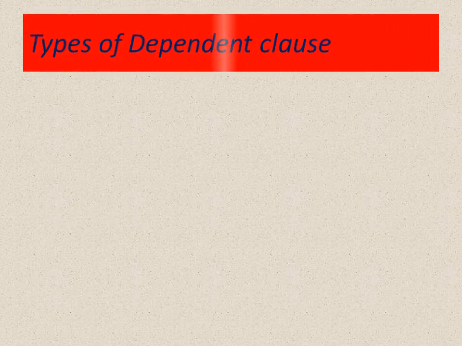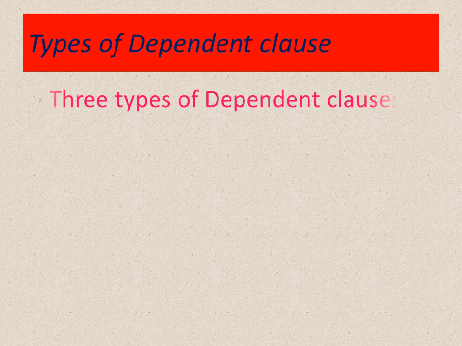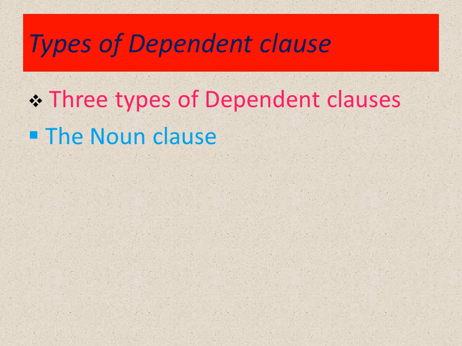Up to now, we have seen what a dependent clause is. Now we will see the types of dependent clause. There are three types of dependent clause. The first one, the noun clause.